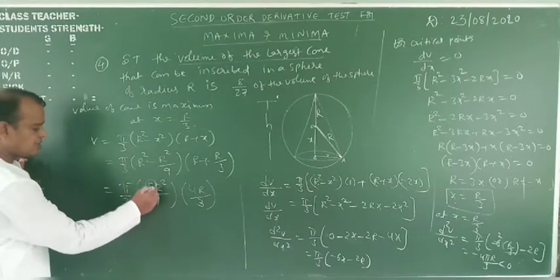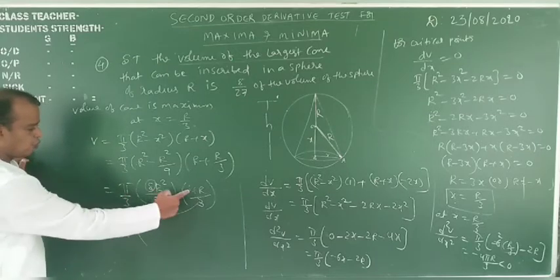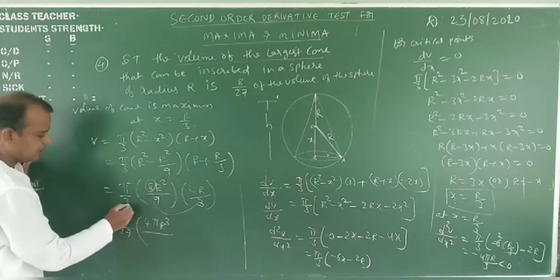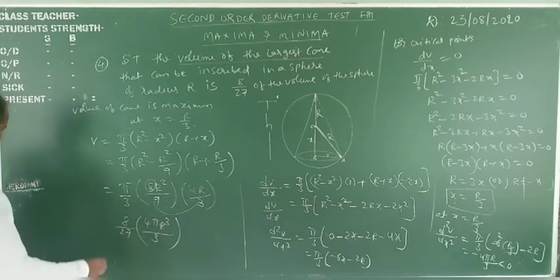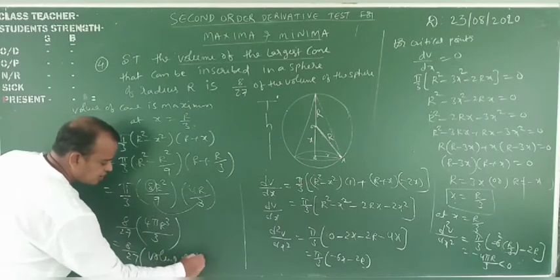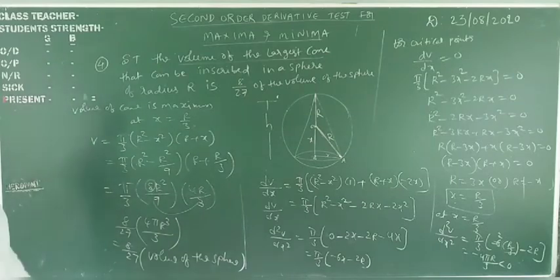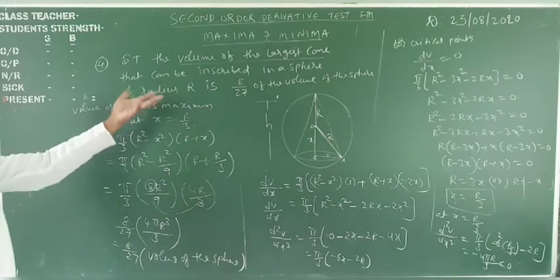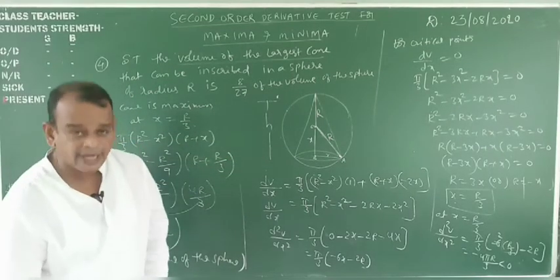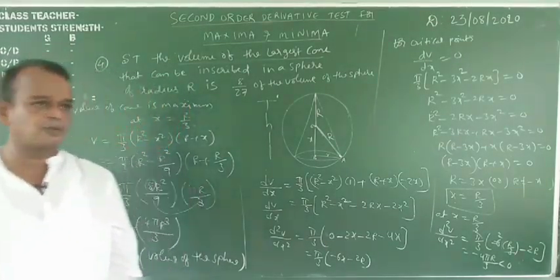The remaining terms: 4 by 3 pi r cube, that is 8 by 27 into the volume of the sphere. Whenever the cone is inscribed in a sphere of radius r, the volume of the cone is 8 by 27 of the volume of the sphere. Understood? Okay, we are going to the next problem.